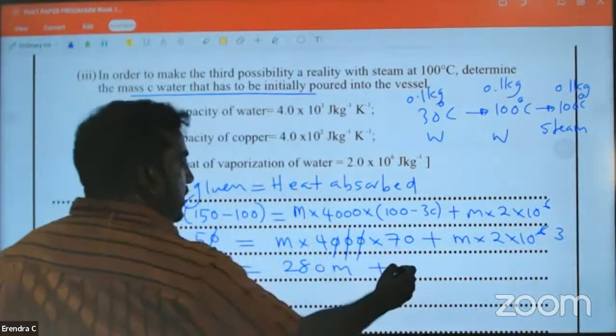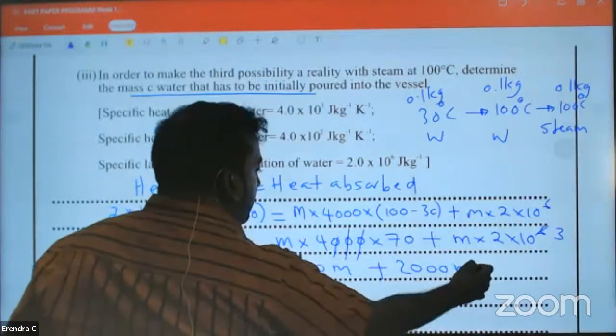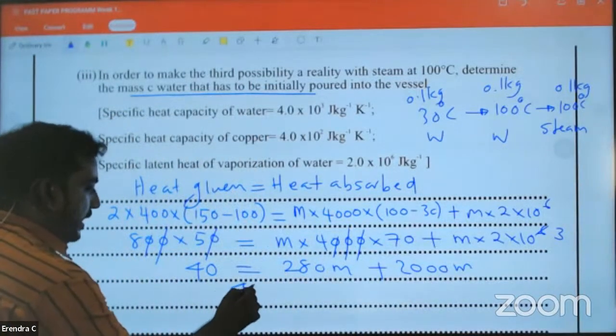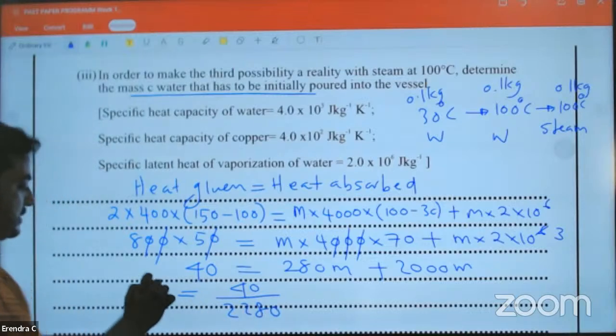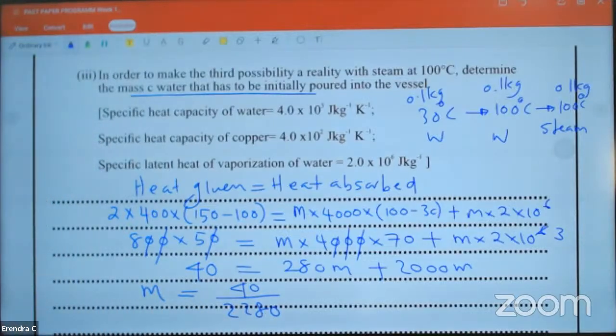Only 3 zeros left. 2000 M. 40 divided by 2280, that's the mass. Somebody divide and tell me what's the answer.